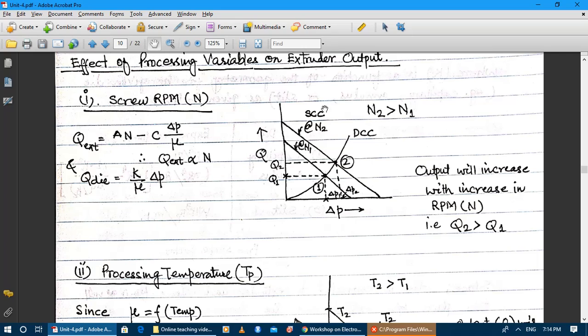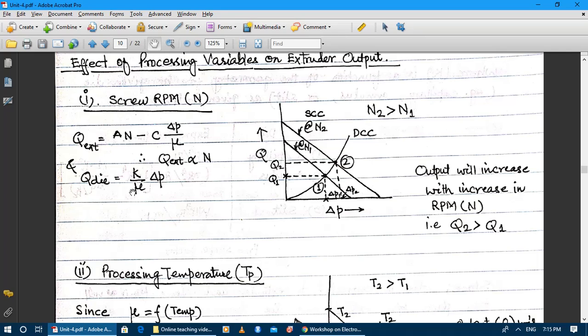Why? You can see the output of a die is inversely proportional to the viscosity of the resin. So if the viscosity of the resin is going to decrease, then what will happen? Output of the die will increase.